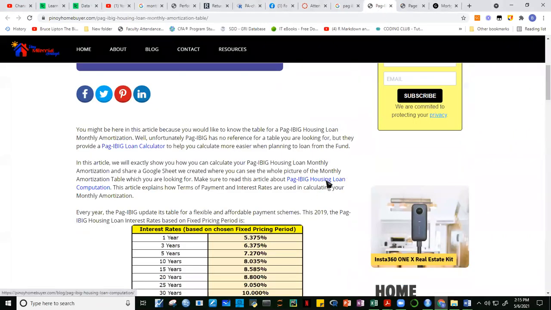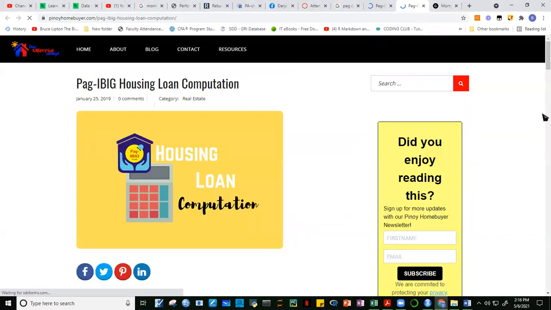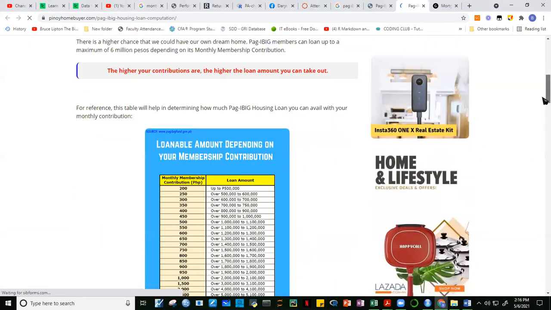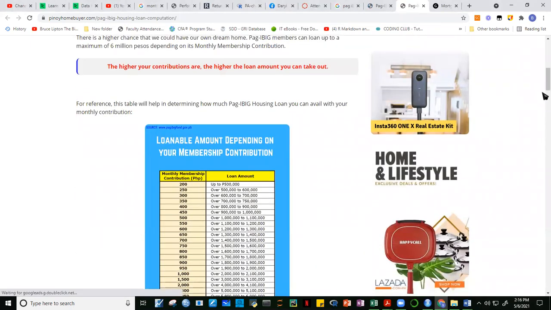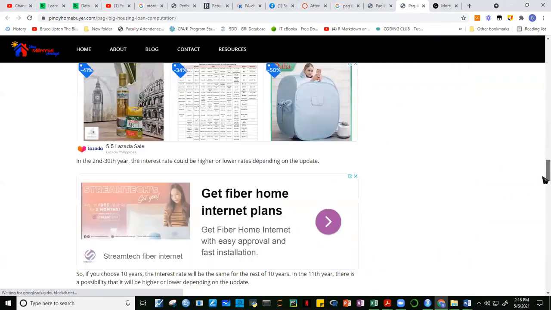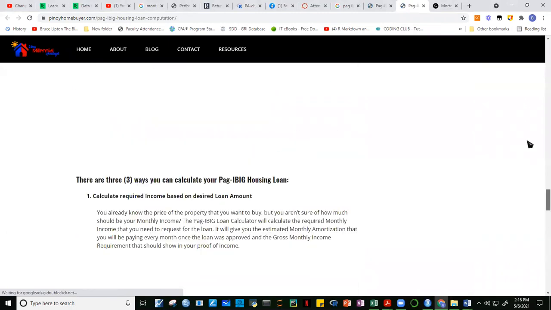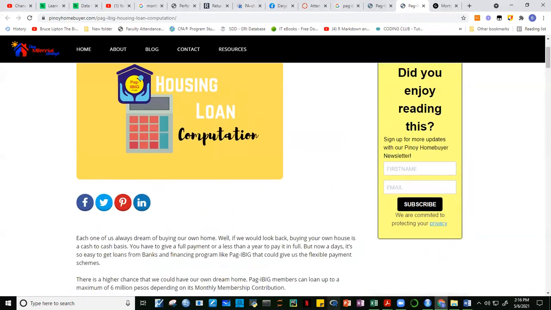Where's the calculator? Okay, housing loan computation. They have an online calculator. Where is it? It's not here. Okay, anyway, it's time, so we'll continue with this next meeting.